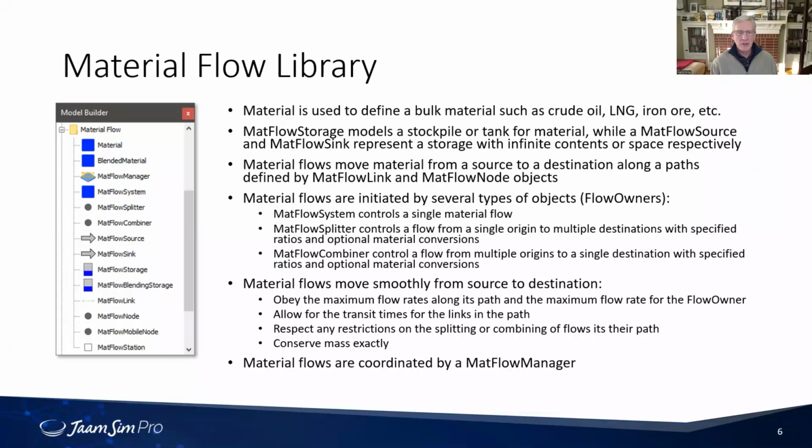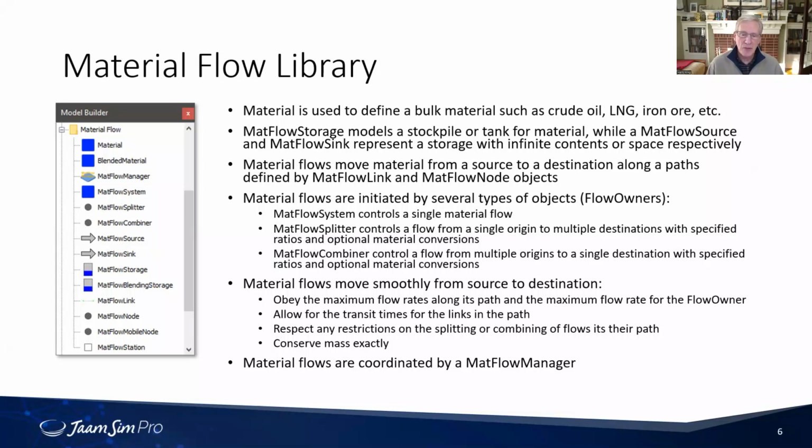Just like the trains and vehicles, the materials flow smoothly from source to destination. They obey the flow rates for the path and the maximum flow rate for the mat flow system. They allow for transit times along the links in the path, and they can also be restricted on splitting or combining flows along their paths.